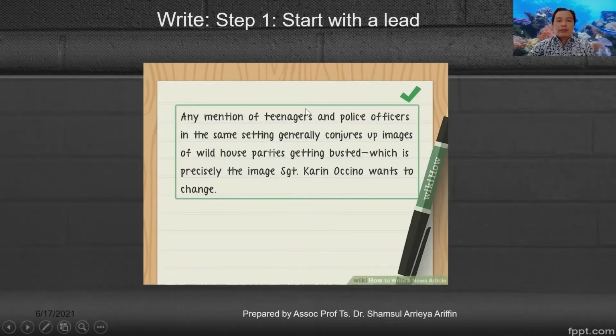Like this one, they refer to the commotion of the police officers and the teenagers at wild house parties in Getting Busted, which is precisely the image of what Sergeant Karen Okino wants to change. So they start with something that will take your interest to read the article.